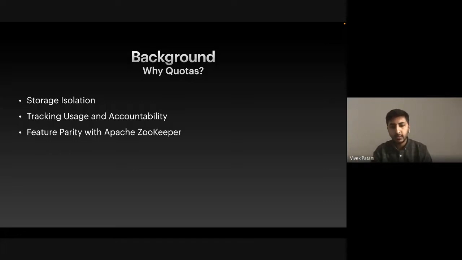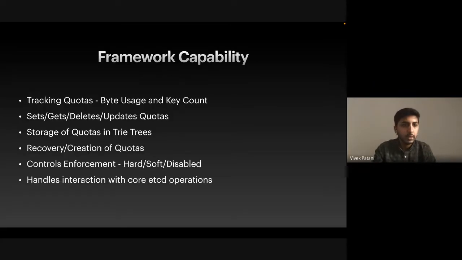Zookeeper already has something similar from the get-go. It wasn't enforced, but in 3.7 they brought in the enforcement. They built a lot of stuff around it, and that's what we're trying to get at. So it is bringing etcd up to speed with Zookeeper in terms of feature parity.